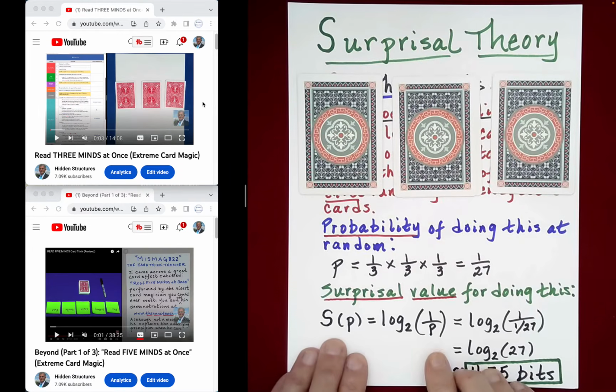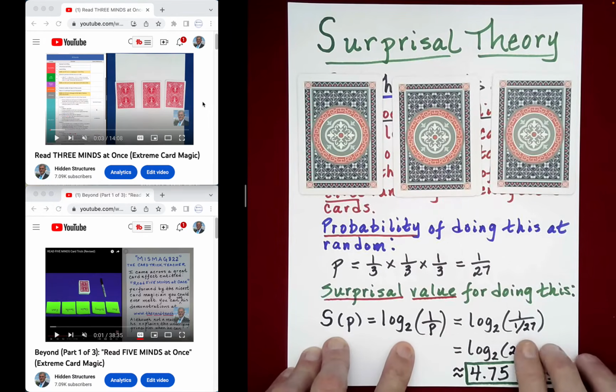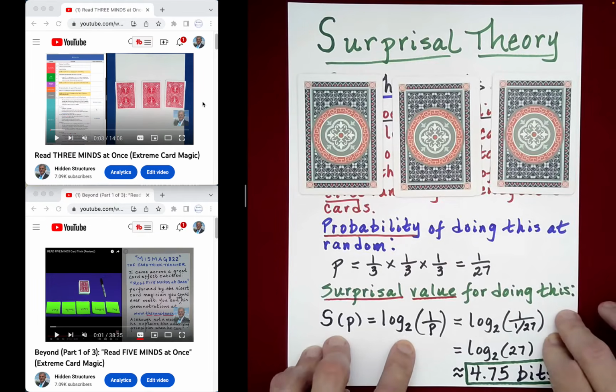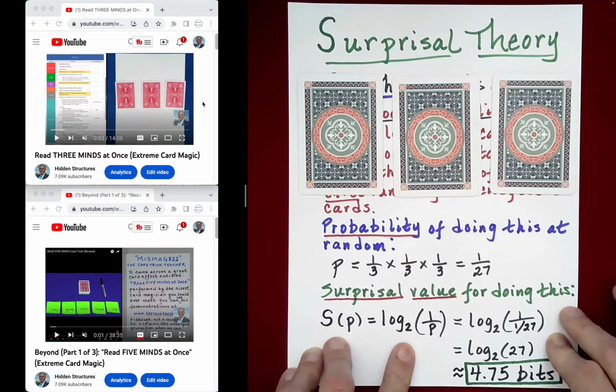If you remember, the surprisal value for a single random event that has probability p of occurring is equal to log base 2 of 1 over the probability, which is equal to, here, log base 2 of 1 divided by 1 divided by 27, which equals log base 2 of 27. And that is approximately equal to 4.75 bits. Well, I think that's close enough to 5 bits. We'll go ahead and round it up to 5 bits.